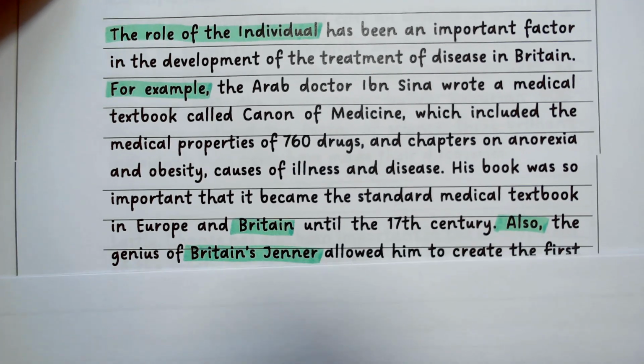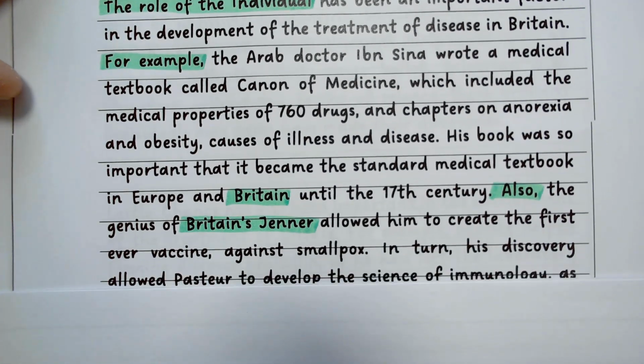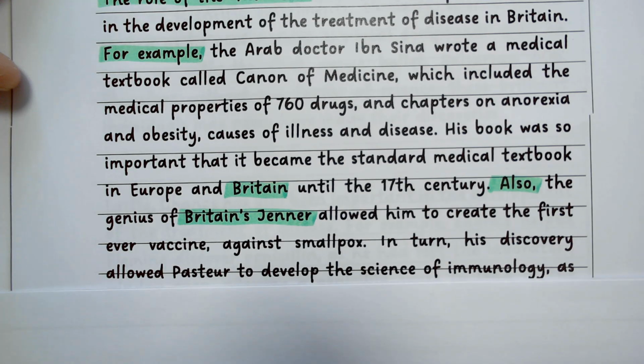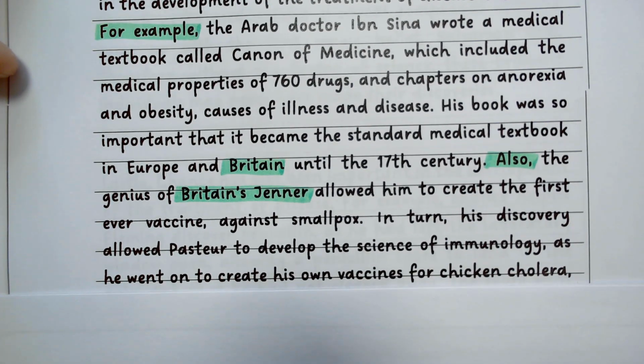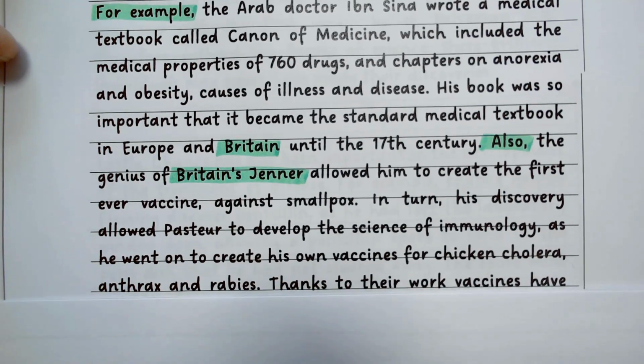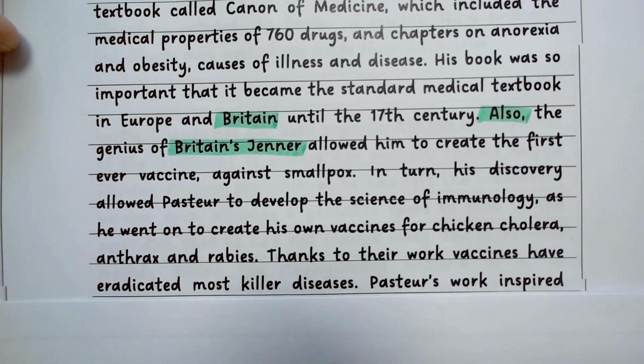Also, the genius of Britain's Jenner allowed him to create the first ever vaccine against smallpox. In turn, his discovery allowed Pasteur to develop the science of immunology, as he went on to create his own vaccines for chicken cholera, anthrax, and rabies. Thanks to their work, vaccines have eradicated most killer diseases.